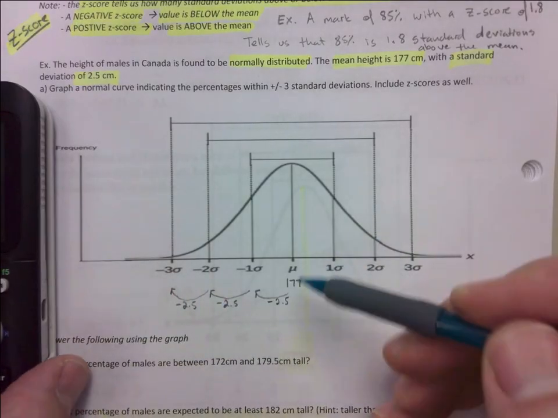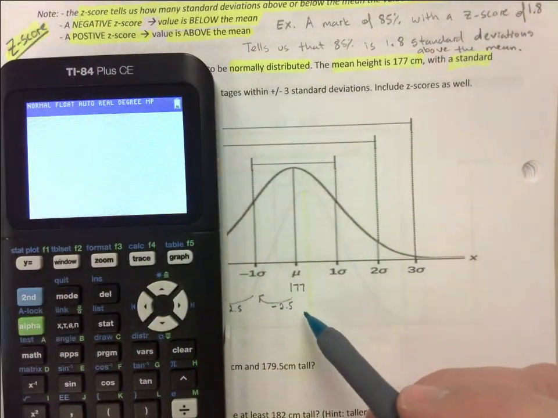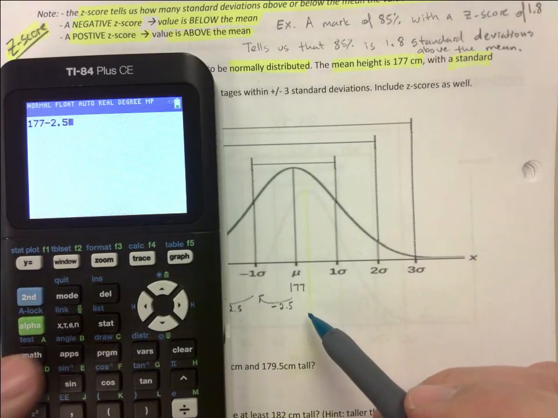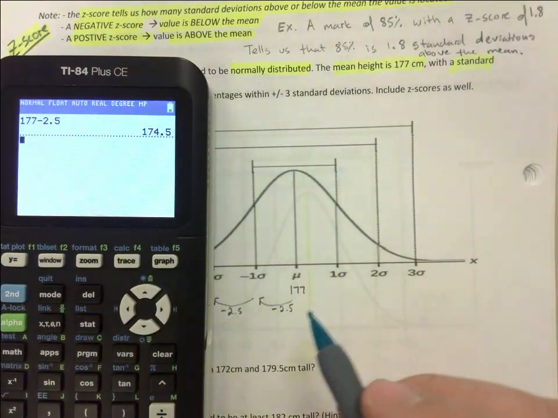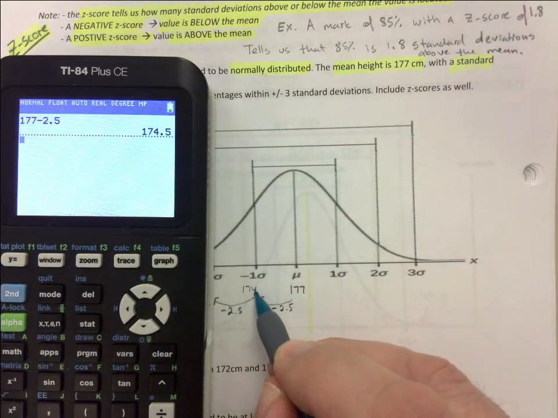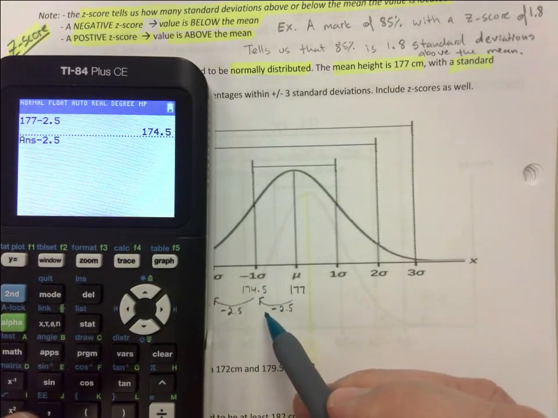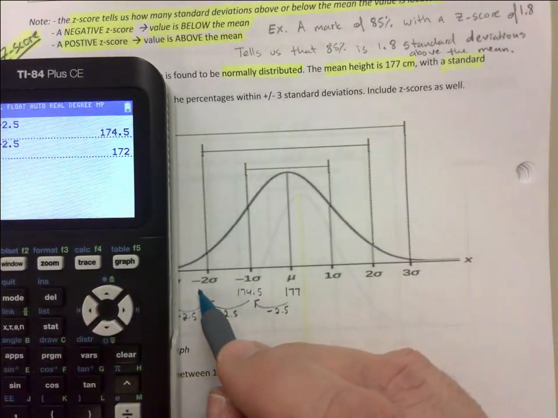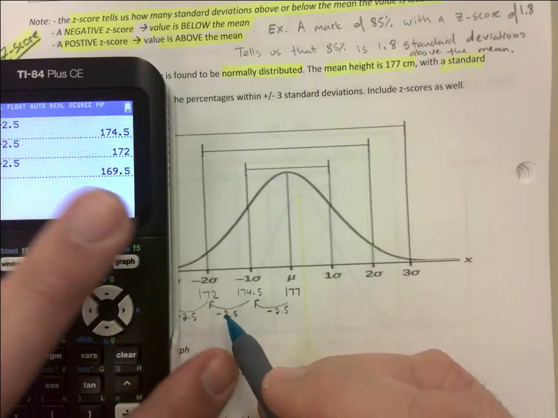I'm going to suggest you use your calculator for these, because sometimes you're off by a little bit. So this will be 174.5. Keep subtracting a standard deviation, that's 172. Keep subtracting, that's 169.5.